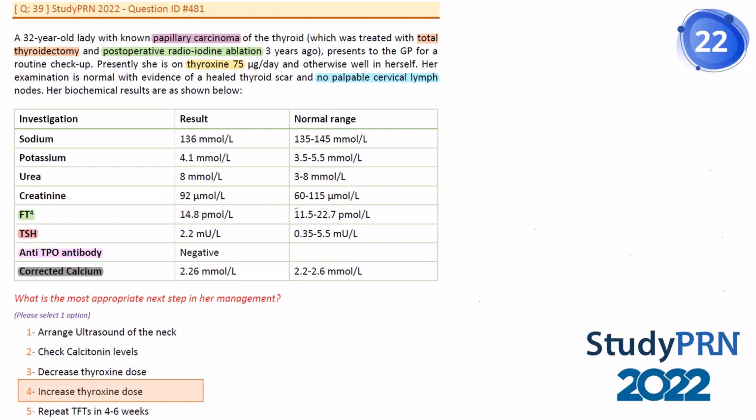Most patients who need radioactive iodine ablation are mostly intermediate to high risk, because low-risk patients have no need for radioactive iodine ablation.